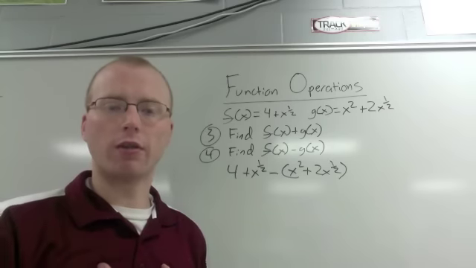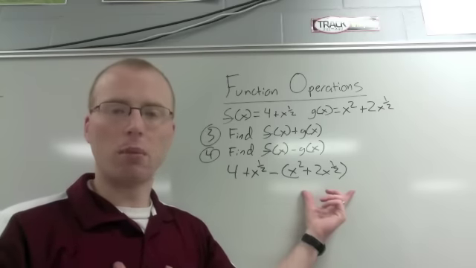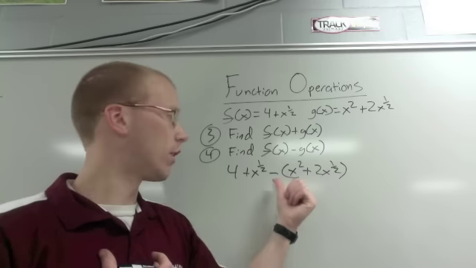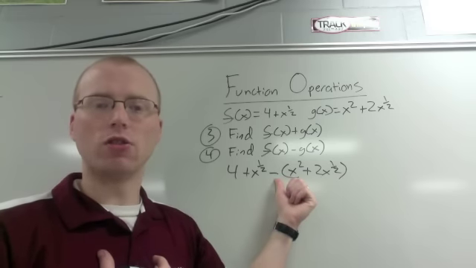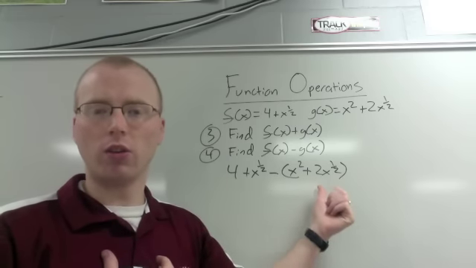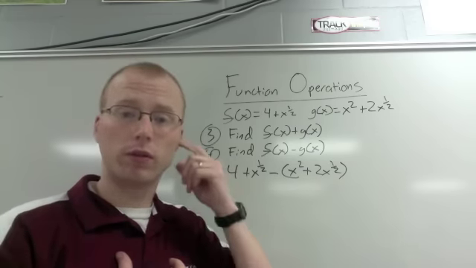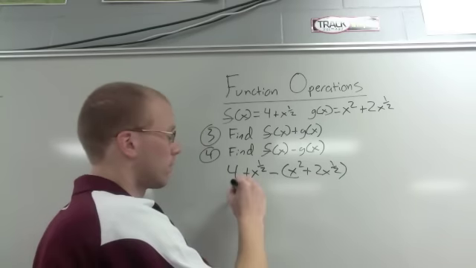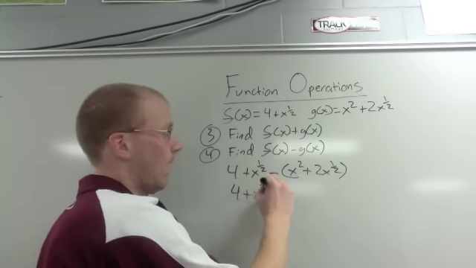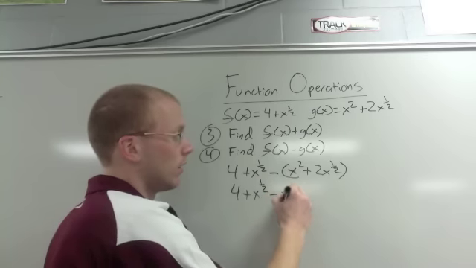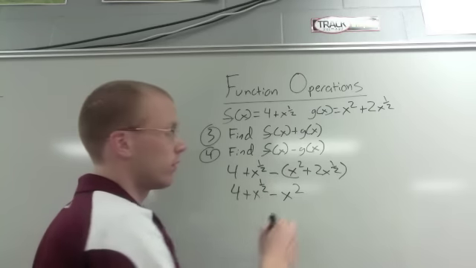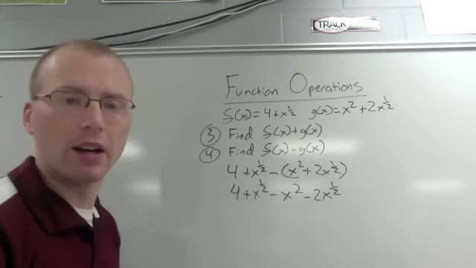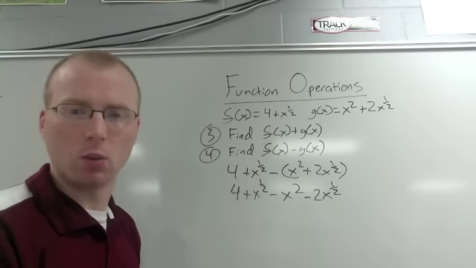When I'm subtracting functions, I like to put my second function in parentheses because that's going to remind me that I need to distribute this negative sign to both terms. So my second function becomes, after I subtract, negative x squared minus 2 times x to the 1/2.